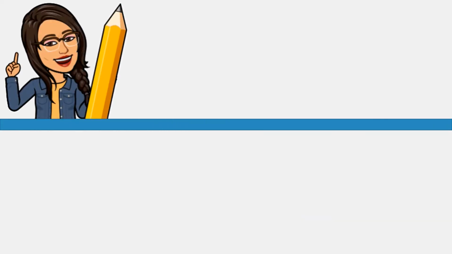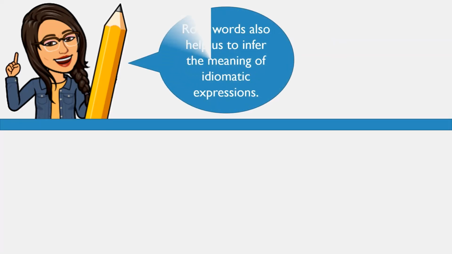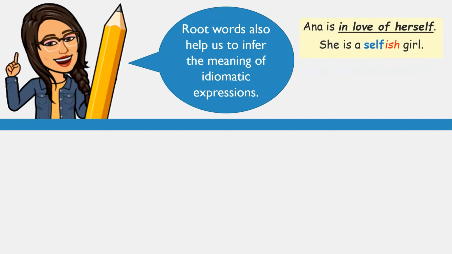Now let's talk about root words. Root words also help us to infer the meaning of idiomatic expressions. Now let's try to see how it works. In this example, Anna is in love of herself. She is a selfish girl.